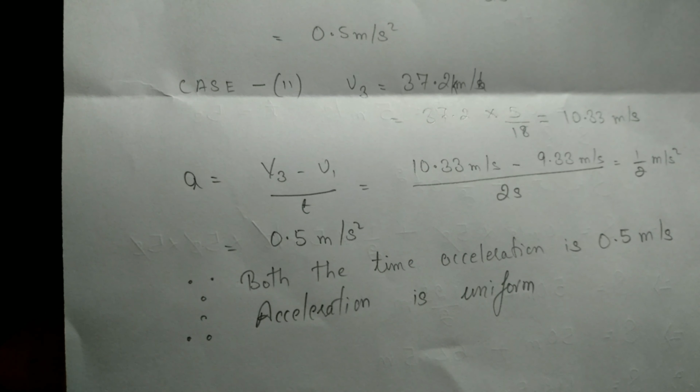Again, I have to multiply by 5 upon 18 and I am getting the answer as 10.33 meter per second. So again, using the formula of acceleration, which is final velocity minus initial velocity upon time, 10.33 meter per second minus 9.33 meter per second upon time, which is 2 seconds. So again I am getting half meter per second square, which is 0.5 meter per second square.